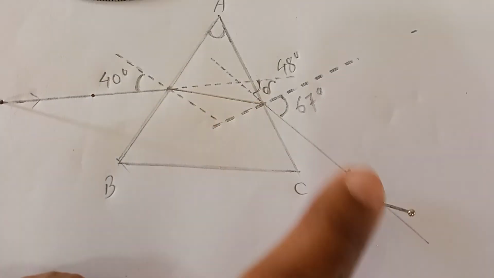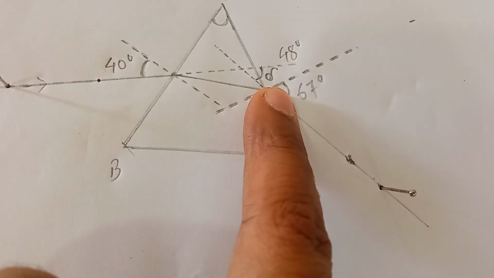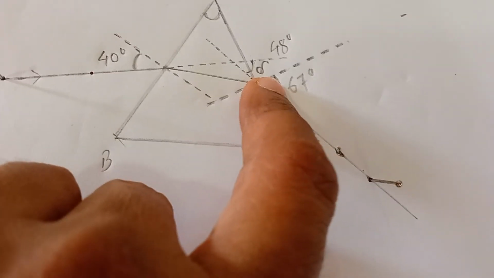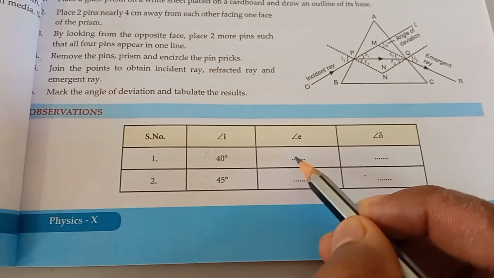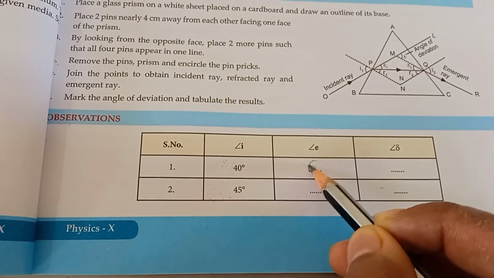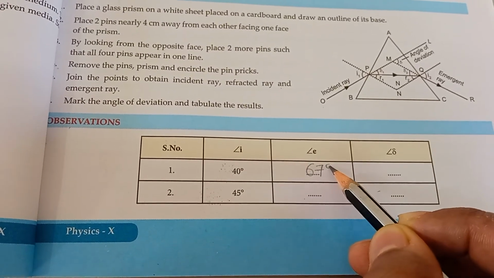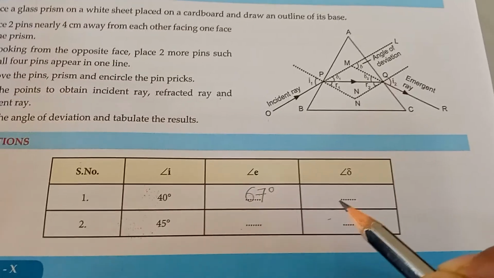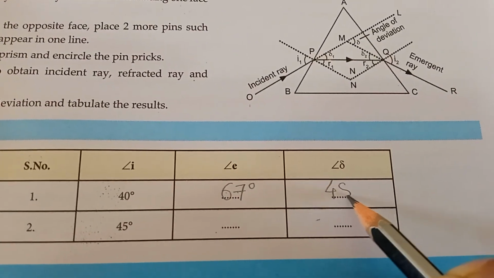The incident ray and the emergent ray both make an angle delta over here. This is called the angle of deviation. So in this we have to write the angle of emergence, which is 67, and the angle of deviation is 48 degrees.